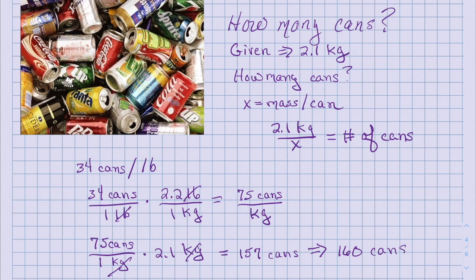So think about this. That's 160 cans that we have taken and compressed into a volume that's less than a liter, less than a quart. That's a pretty significant factor change in terms of the volume, and that compression actually is important.